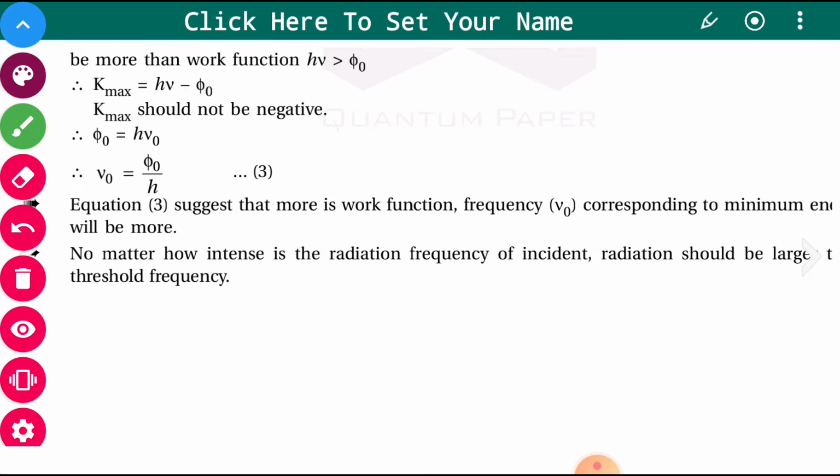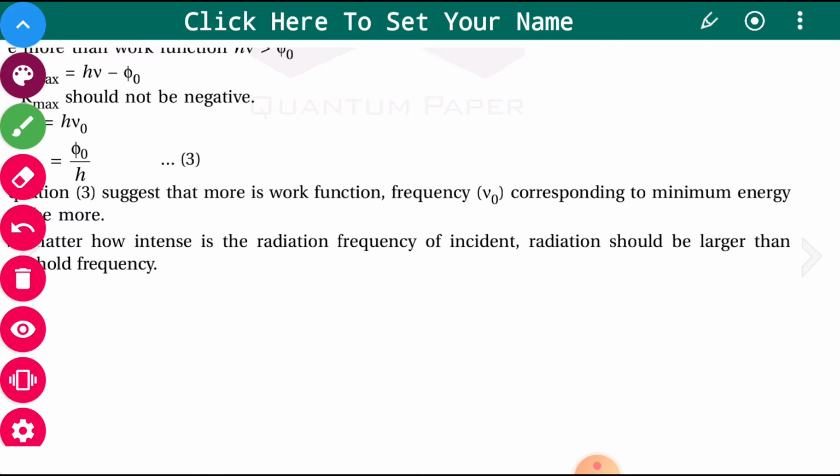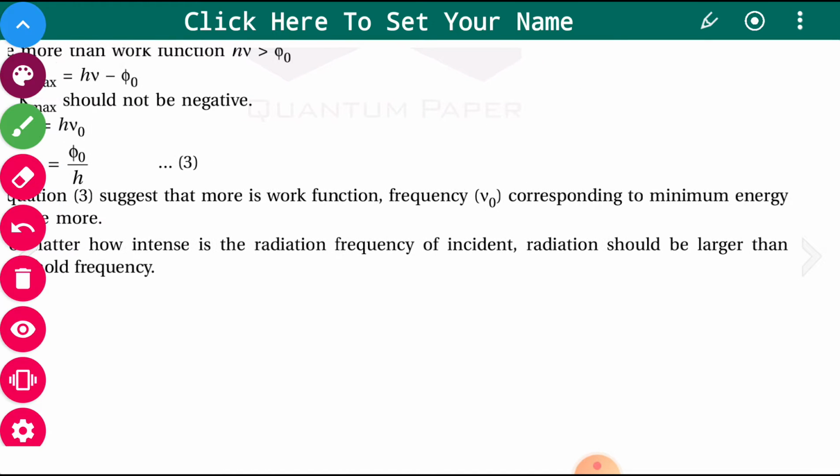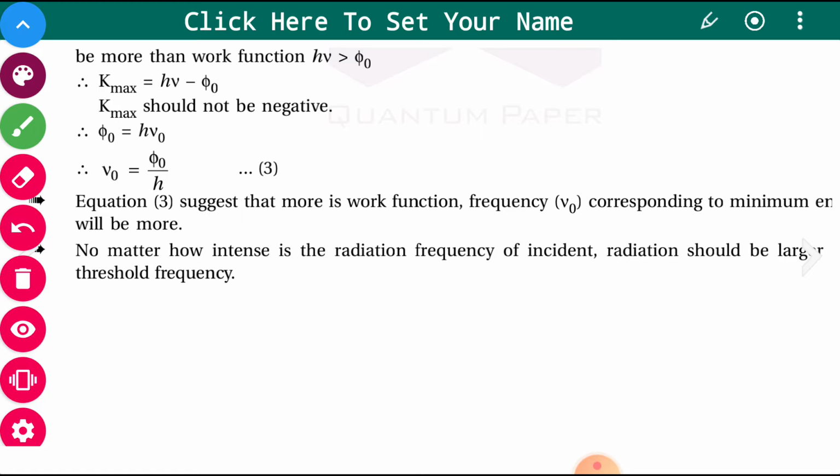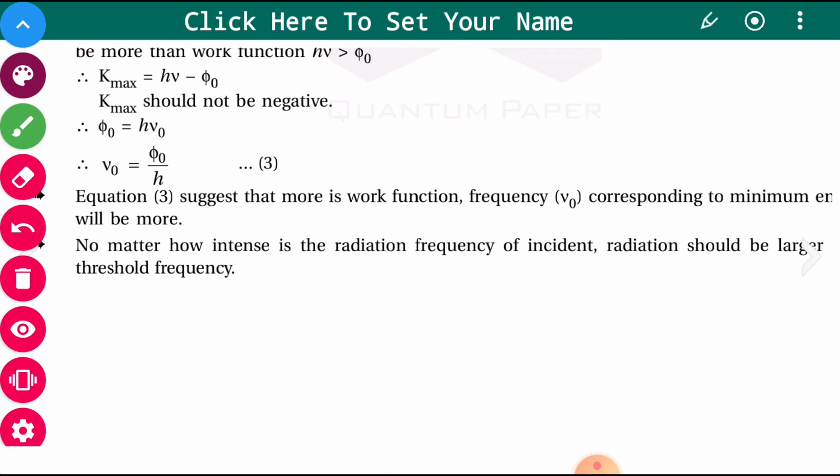If you have a very intense light, the radiation should have a frequency larger than the threshold frequency. Your light is very intense, but if the frequency is not more than the threshold frequency, then the electrons will not come out of the metal surface.